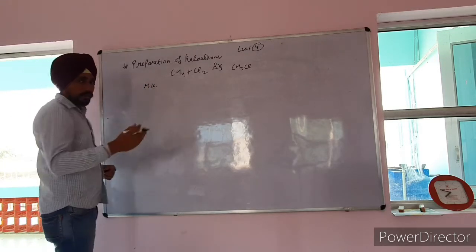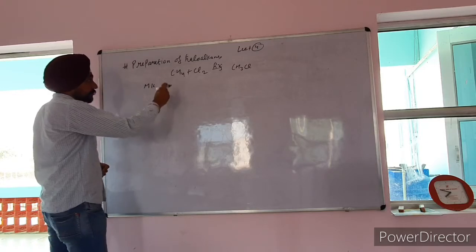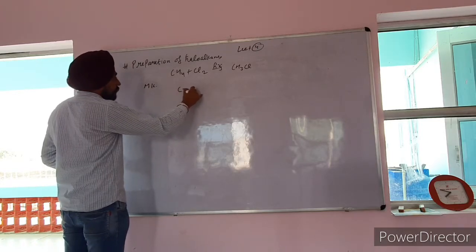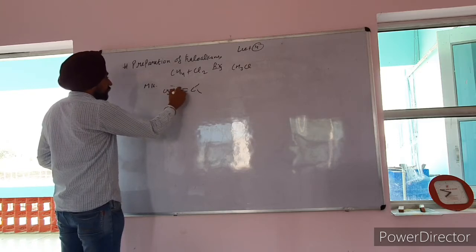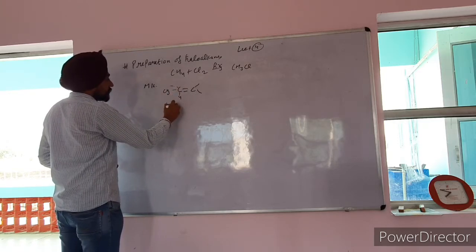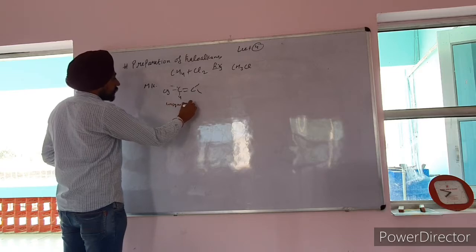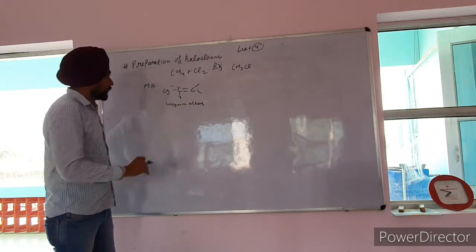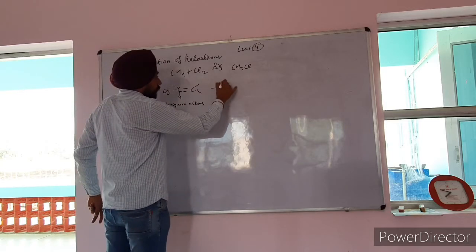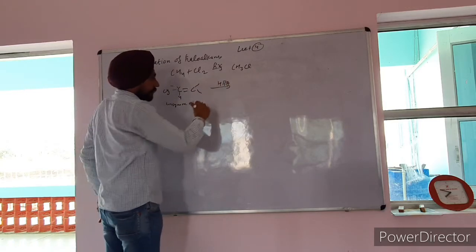We introduced the Markovnikov rule. What is the Markovnikov rule? In the case of alkenes, and we can say unsymmetrical alkenes, this is an unsymmetrical alkene. In the case of an unsymmetrical alkene, we add HBr or HCl, whatever.